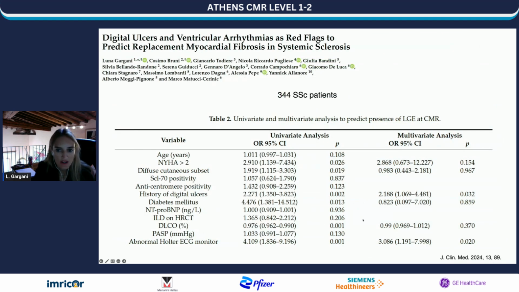And similar data in this large cohort of systemic sclerosis patients is a study published last year.